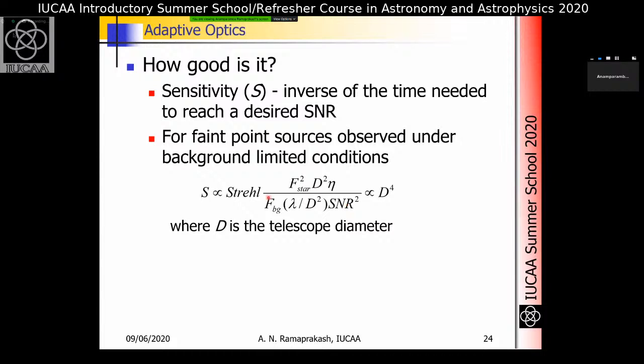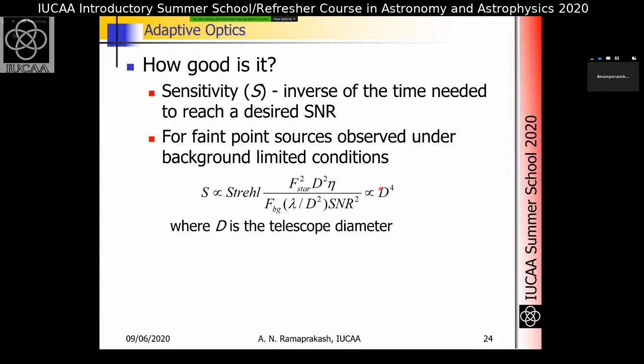Here, you can see that the Strehl ratio scales like D to the 4. What it means is that if I am observing a target in the sky and trying to achieve a certain signal to noise ratio, if I do that with a diffraction limited telescope, where the adaptive optics compensates all the atmospheric effect, you get a gain which is D to the power 4 compared to an instrument which is atmosphere limited.